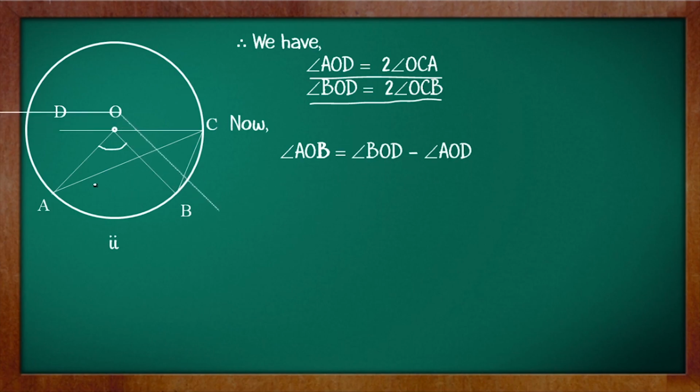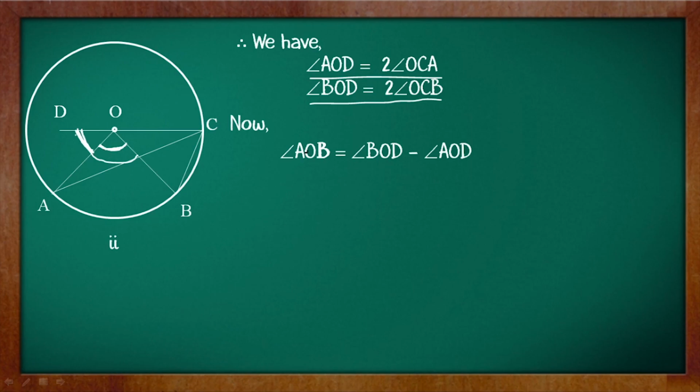So BOD is this whole angle here, and AOD is this small angle here. So if we subtract this part from the whole angle BOD, we'll be getting the remaining part, angle AOB.